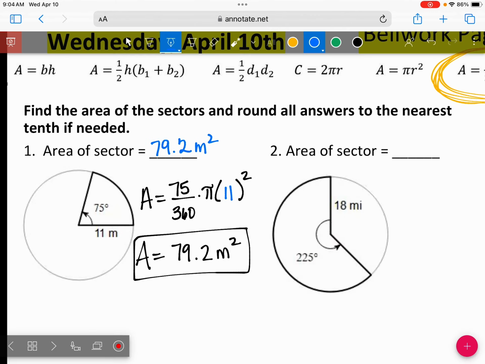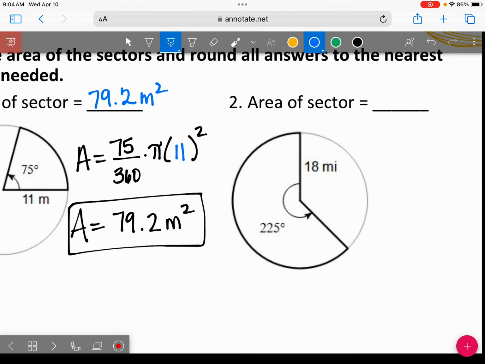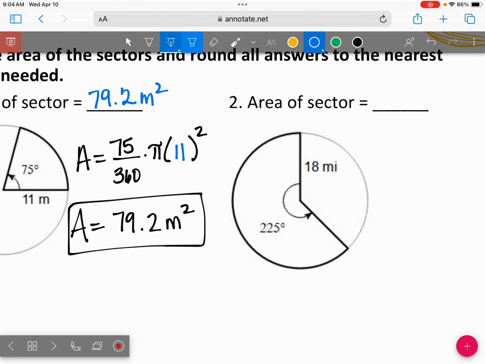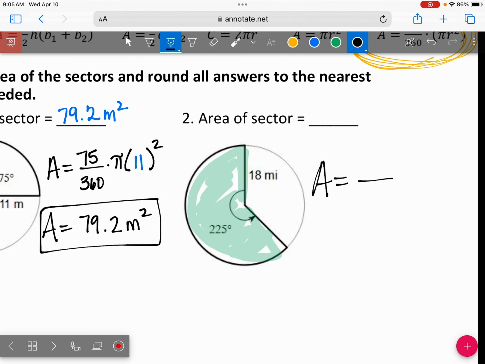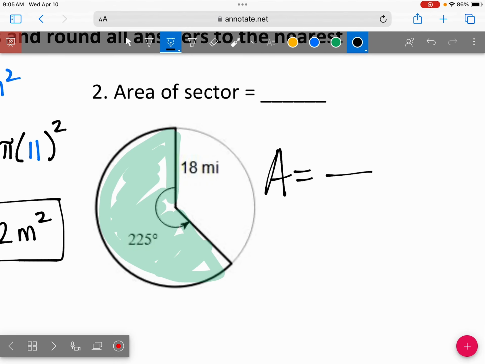All right, let's go ahead and do number 2. So this time, this is the slice that they want us to find the area. So we're going to take area equals the angle. What's the measure of the angle for that slice?